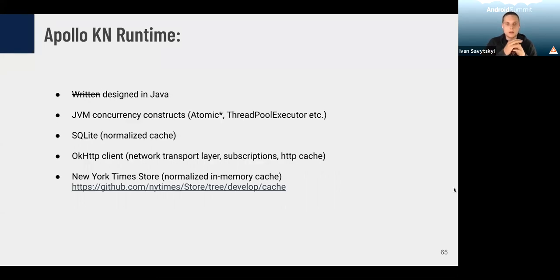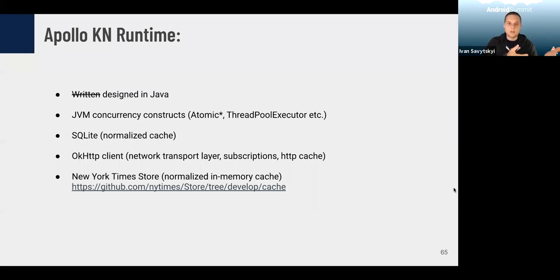So this is the context of what the runtime is. And when we started the assessment, like how are we going to migrate our existing runtime into Kotlin native, this is a key point that we started discussing and concerning points. So the number one point is obviously that it was written in Java, but more importantly, it was actually designed and thinking in Java. We are using in some places JVM concurrency constructs like atomic operations, thread pool executors.